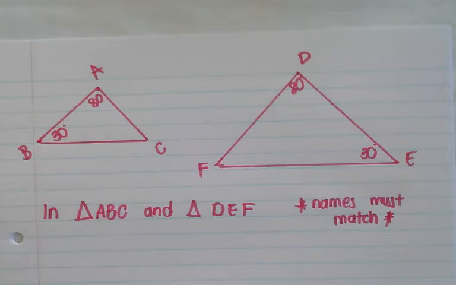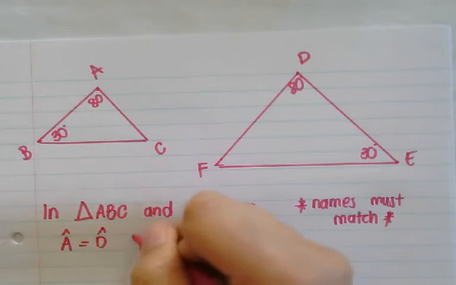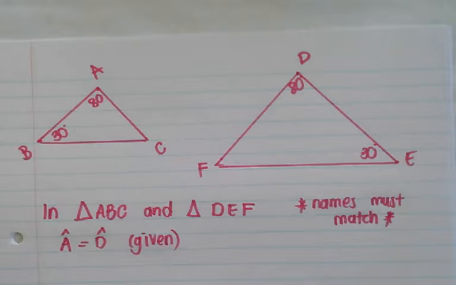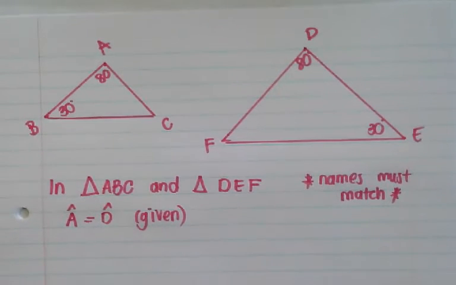So what do I see? I see that A is equal to D, and it is given to me, so that's my reason. I can use one letter because there's no confusion as to how many angles are at A. There is only one, so I'm only going to use one letter.